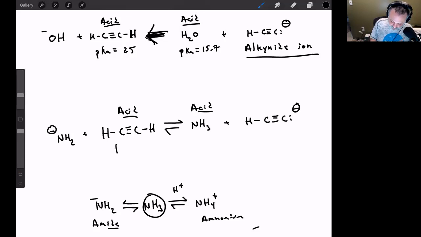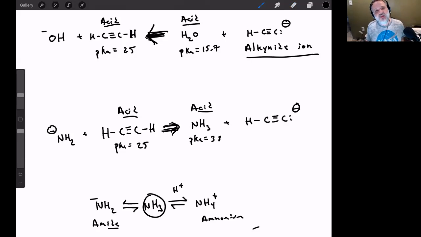And so I have a pKa here of still 25. But if you go back to your pKa chart and think about the pKa of ammonia, it's about 38. And so now all of a sudden ammonia is the weaker acid than the alkyne. And so in this case, this reaction really is product favored.